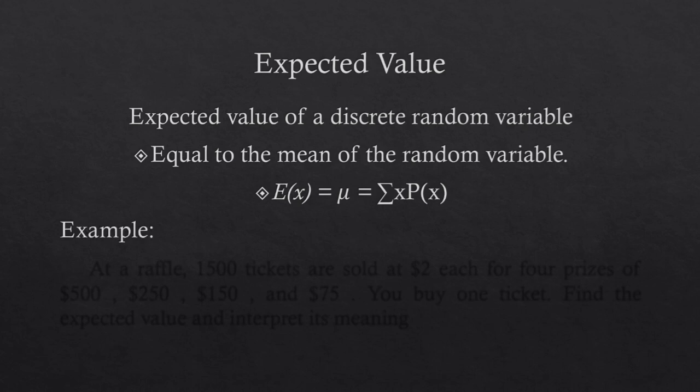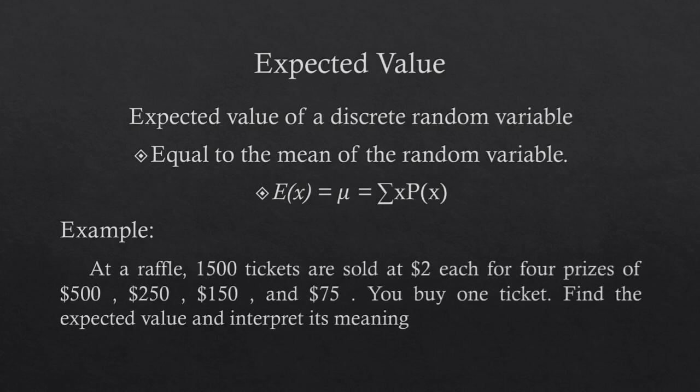For example, at a raffle, 1,500 tickets are sold at $2 each for prizes of $500, $250, $150, and $75. You buy one ticket, find the expected value, and interpret its meaning.